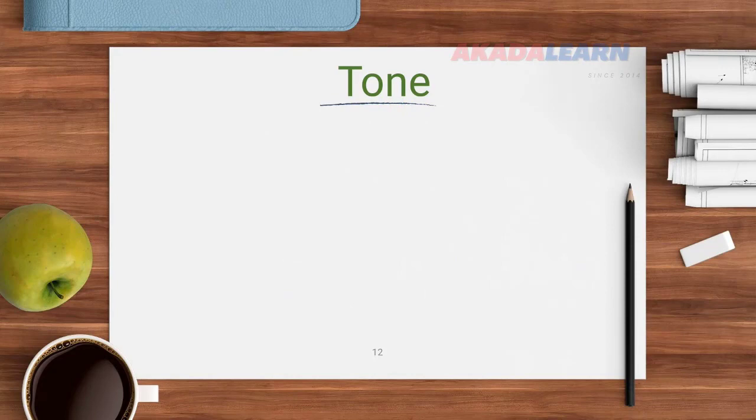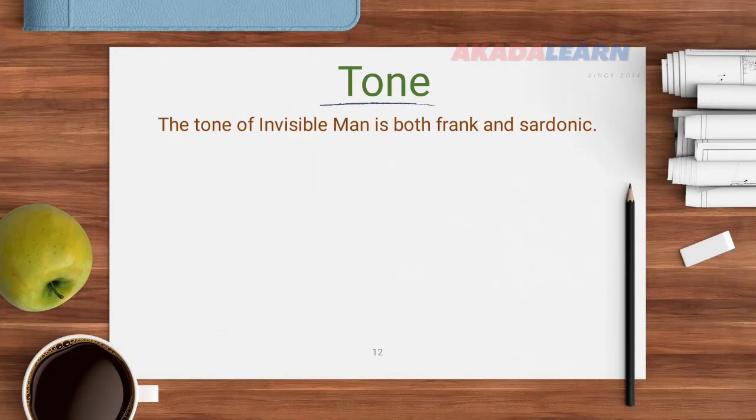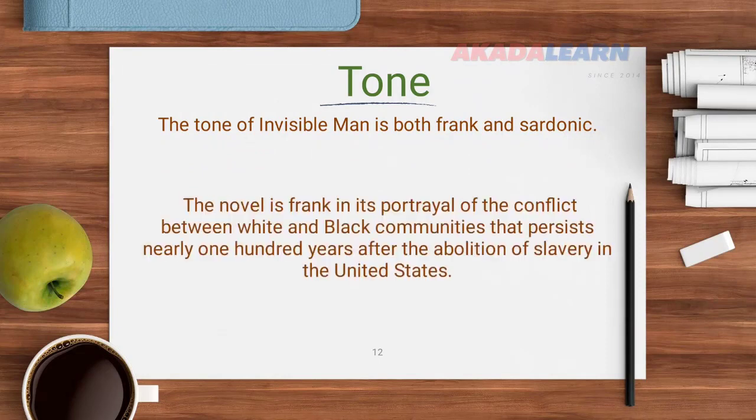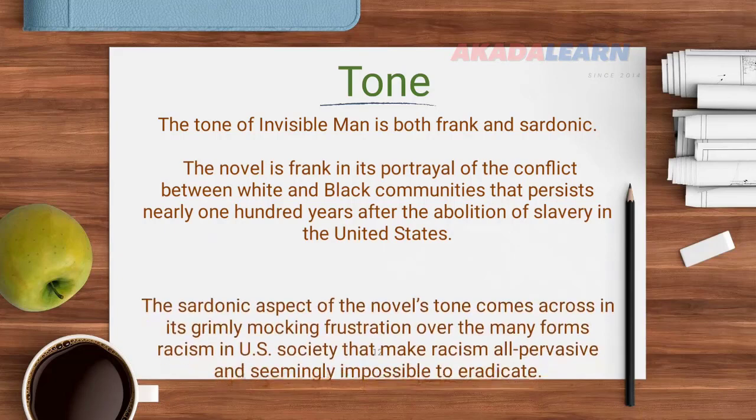Now let us look at the tone of Ralph Ellison while he was writing this. The tone of Invisible Man is both frank and sardonic. The novel is frank in its portrayal of the conflict between black and white communities that persists nearly 100 years after the abolition of slavery in the United States. Despite the abolition of slavery nearly 100 years before, we're still seeing instances of racism, the conflict between the whites and the blacks.